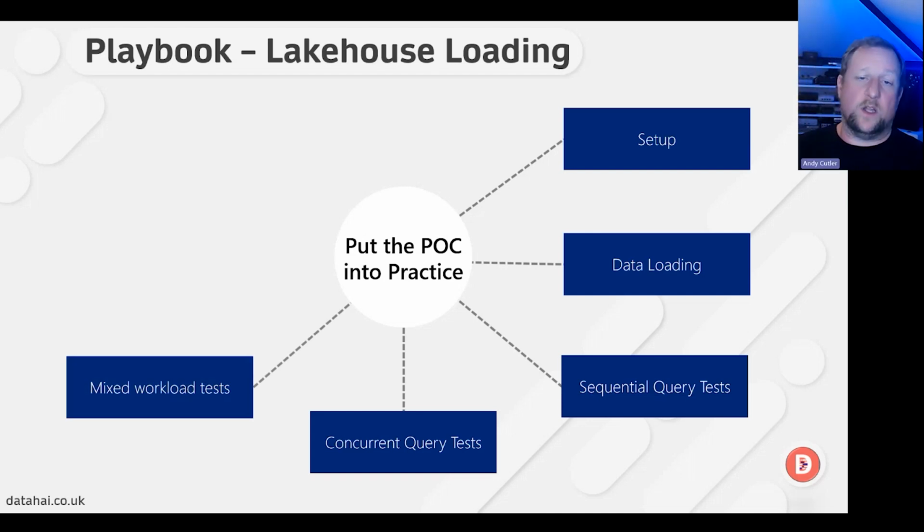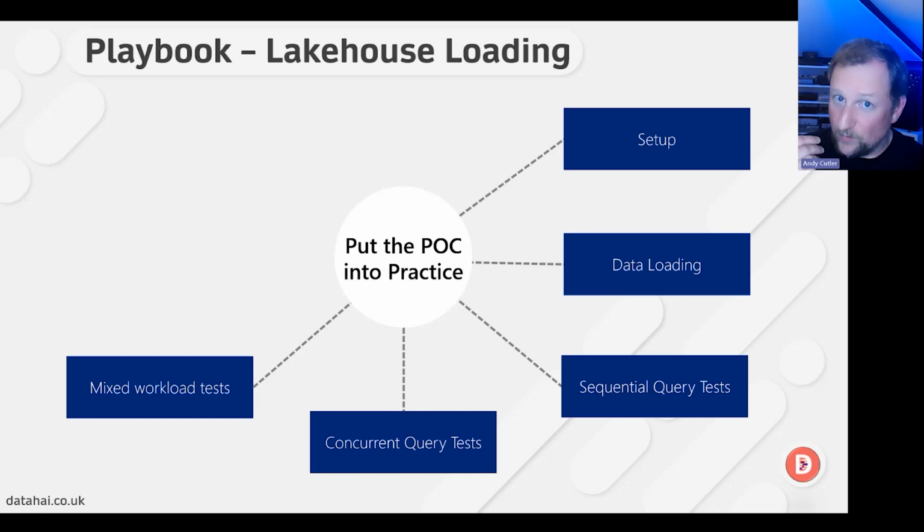Now, mixed workload tests are going to be important in something like the warehouse. We're loading data, but also we want to query data at the same time. One of the benefits of using the warehouse in Fabric is that it has optimistic concurrency. It uses snapshot isolation, which is essentially a feature of Delta Lake.